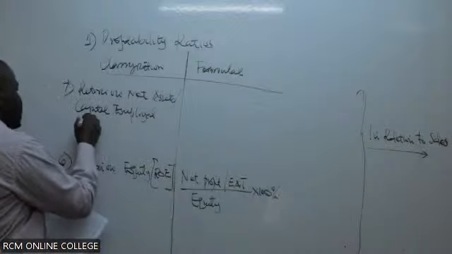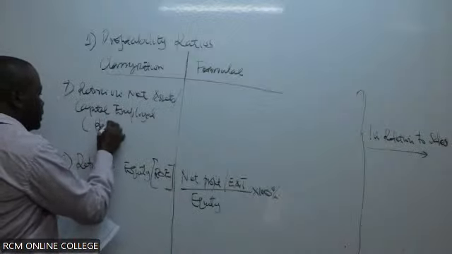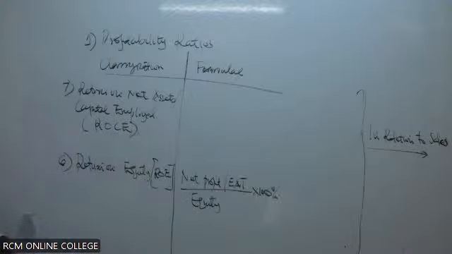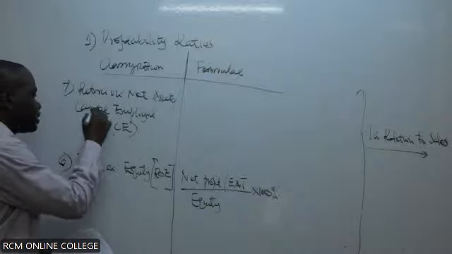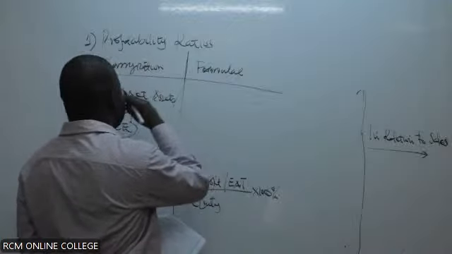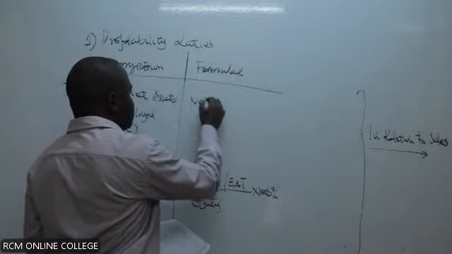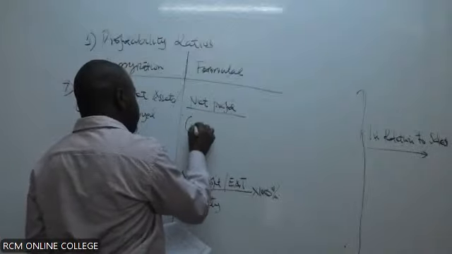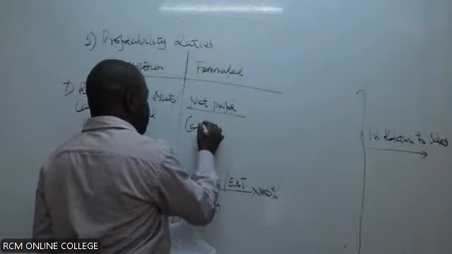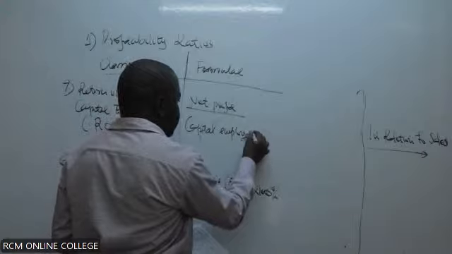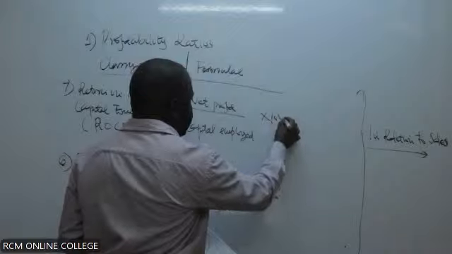Sometimes it is known as ROCE, or ROS. Just the same case, you take the net profit and divide by the capital employed. You multiply by 100.